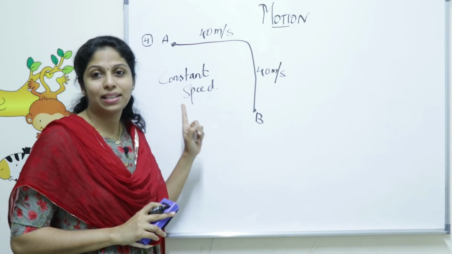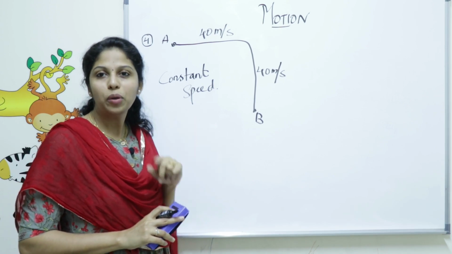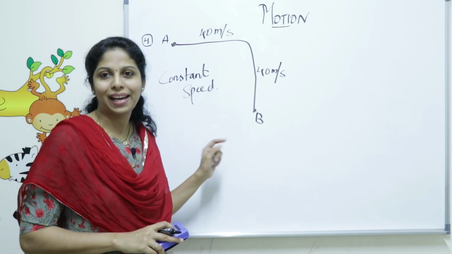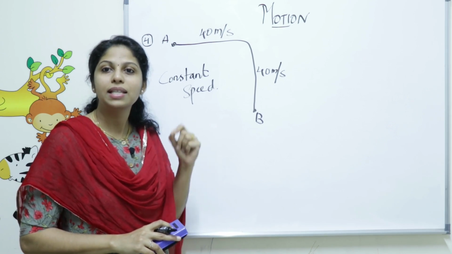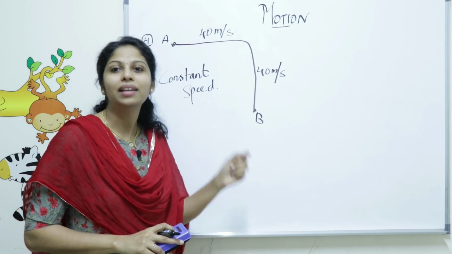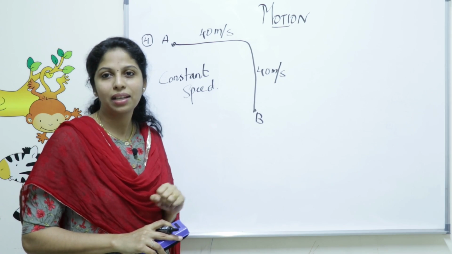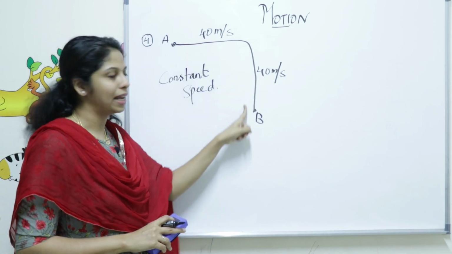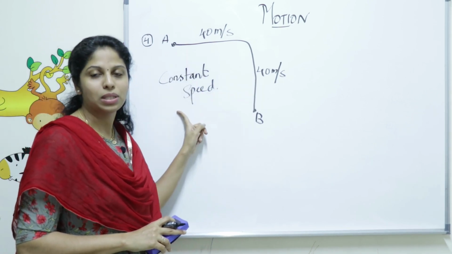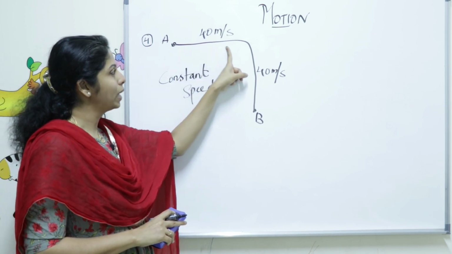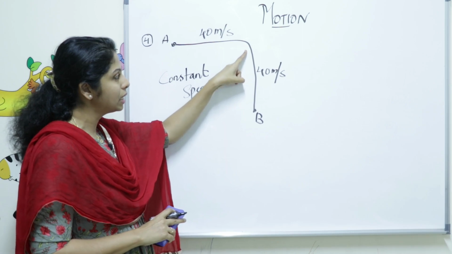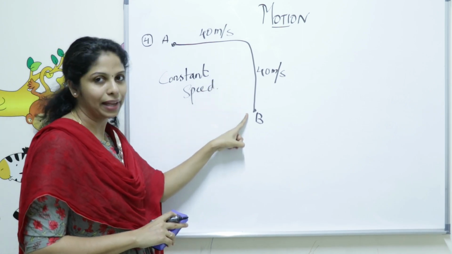No, here the acceleration is not 0. If you remember, in the beginning of the class, I told you what is acceleration. If there is a change in speed or direction, then there will be acceleration. Here, can you see the change in direction? The speed is constant, but what about the direction? Here, the object travels in one direction till this point, and then it turns and takes a different direction.